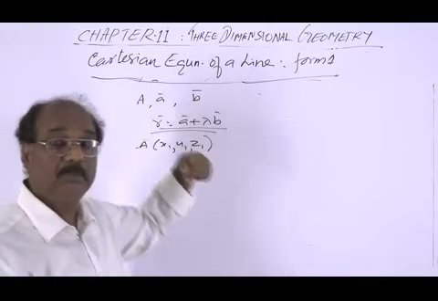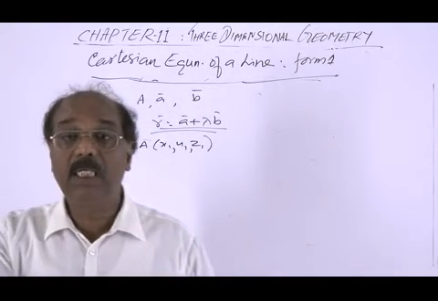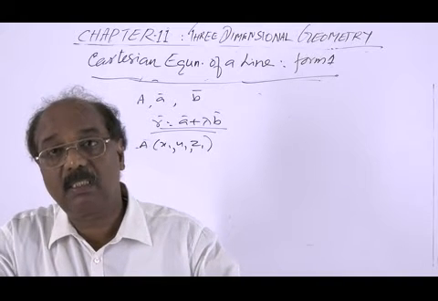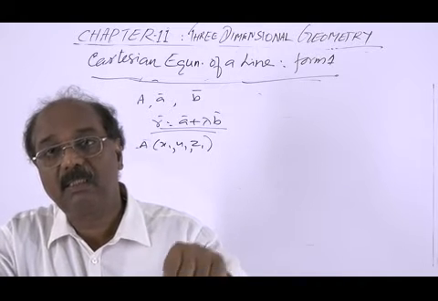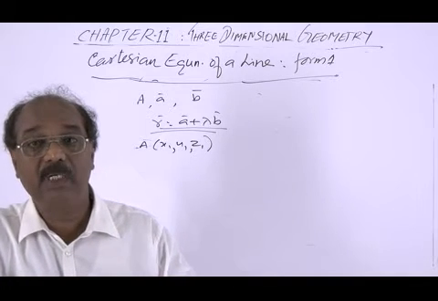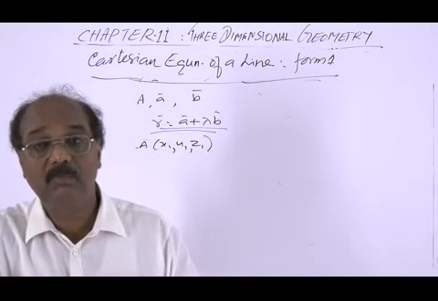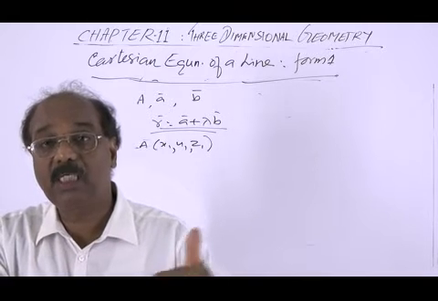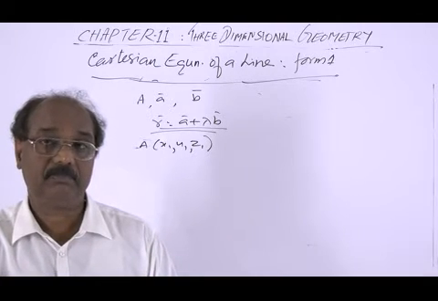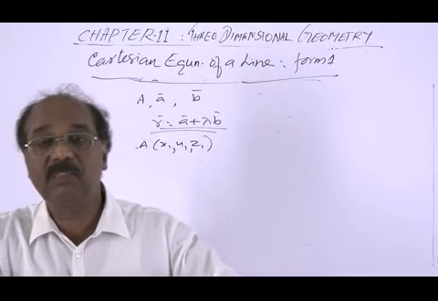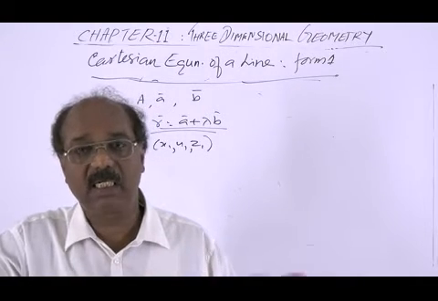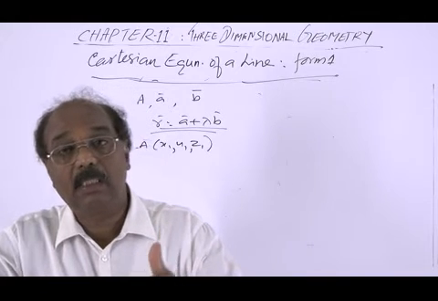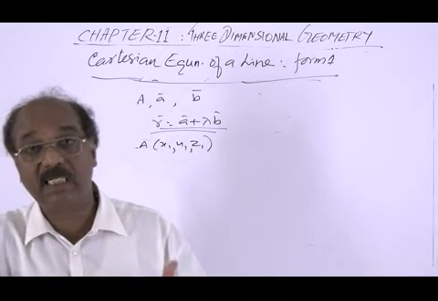And b in Cartesian form. A vector in Cartesian form is such that either its equation will be given, or the direction ratios or direction cosines of the line will be given. If the equation of the line is given, then we can find the direction ratios or direction cosines.